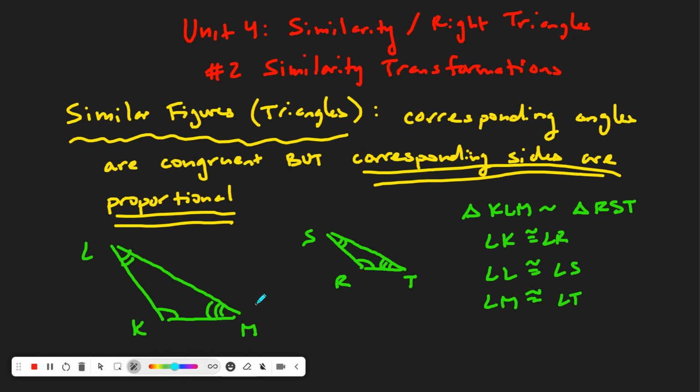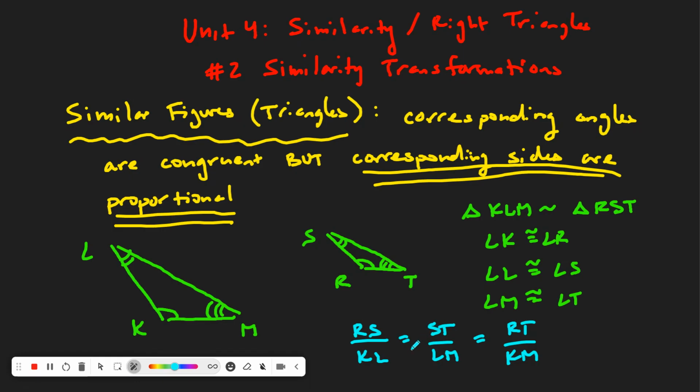But I'm going to change colors to blue because it's a big deal. Now, your corresponding sides are proportional. What this means is that the ratio between the image and the pre-image are the same. So for instance, the length of RS compared to the length of KL, those are corresponding sides, will be the same as the length of ST compared to LM, will be the same as the length of RT compared to KM.